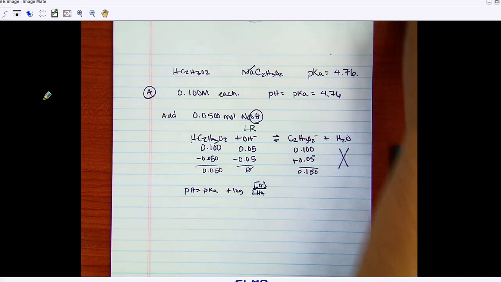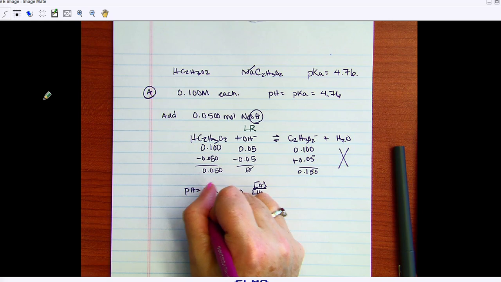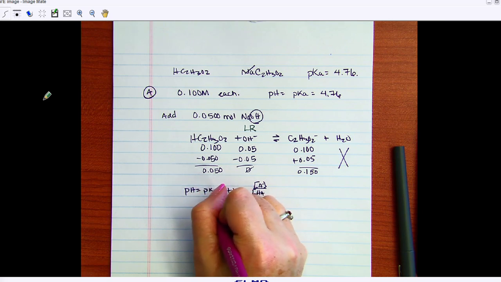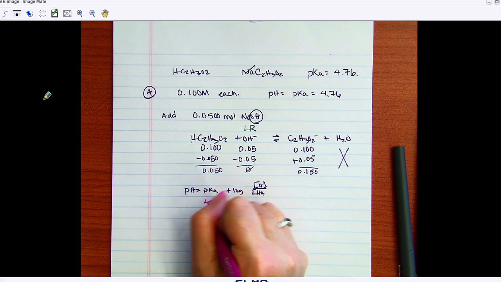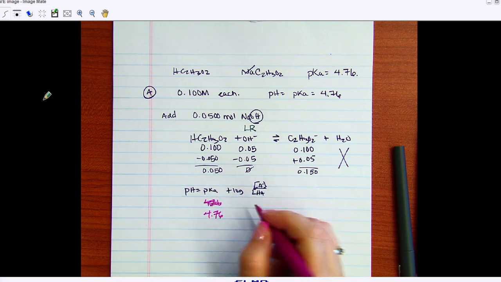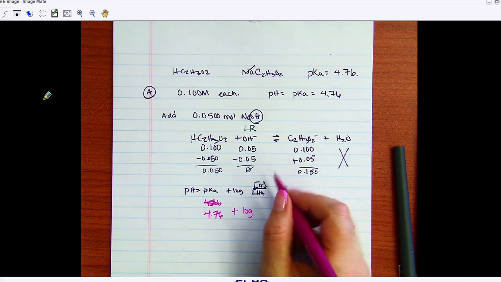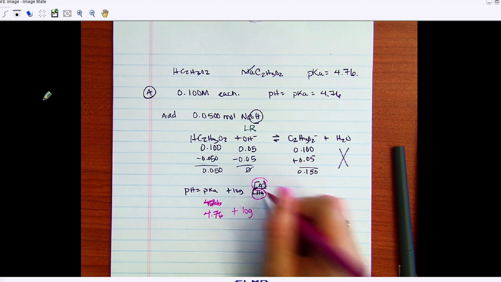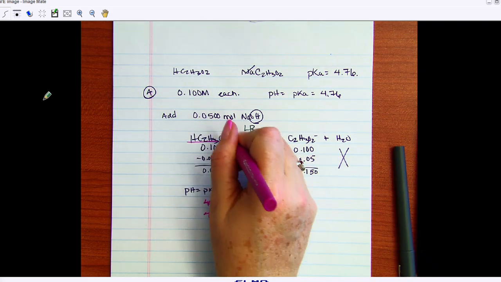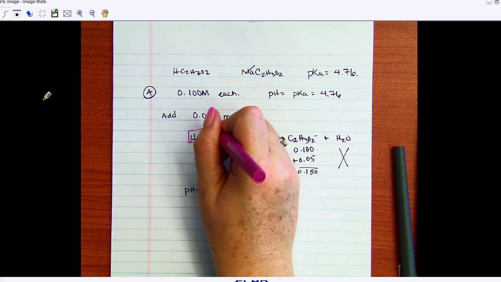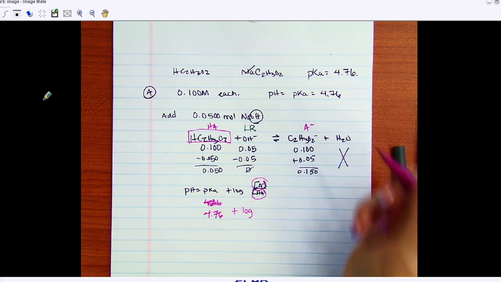So let's plug in. My pKa is 4.76. There we go. Plus the log. Go find it. Where is the conjugate base and where is the acid? This is my acid, HA, and this is my conjugate base.